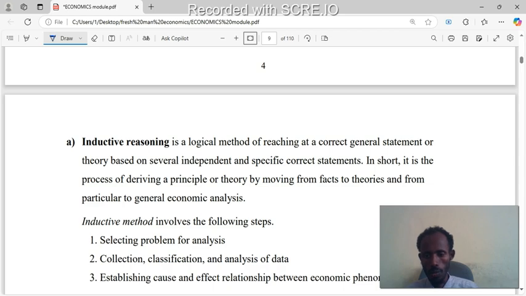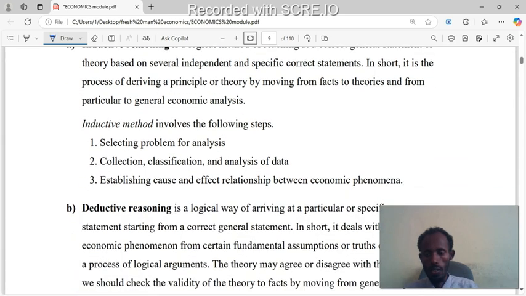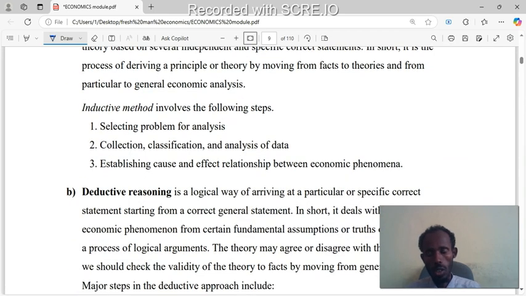Deductive reasoning is the reverse of inductive reasoning. It is a logical way of arriving at a particular or specific correct statement starting from a correct general statement. In inductive reasoning, we start from specific correct statements to a general statement.